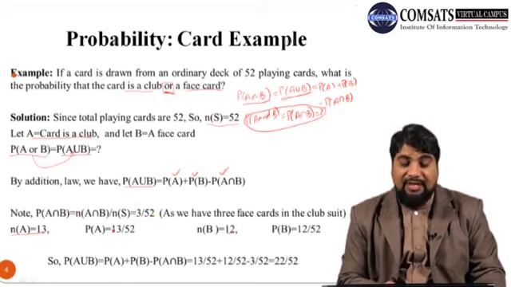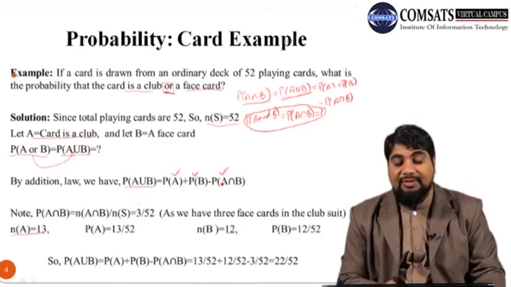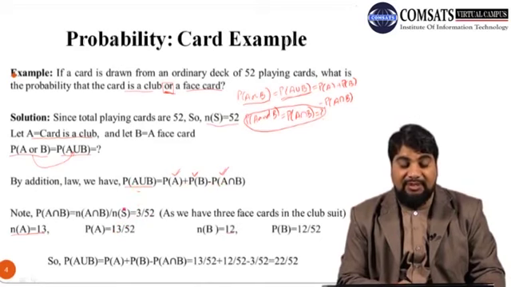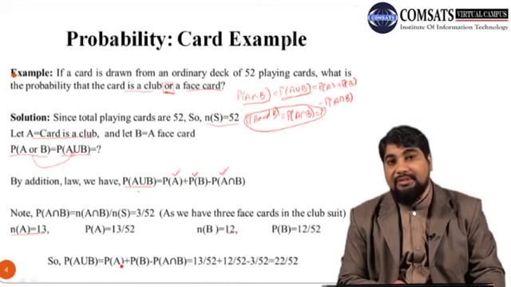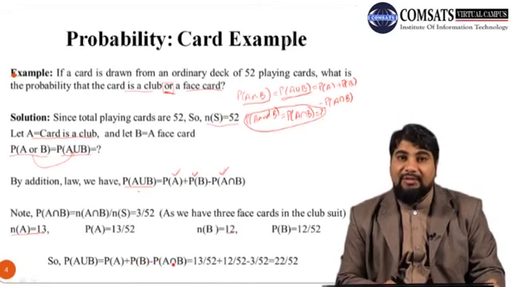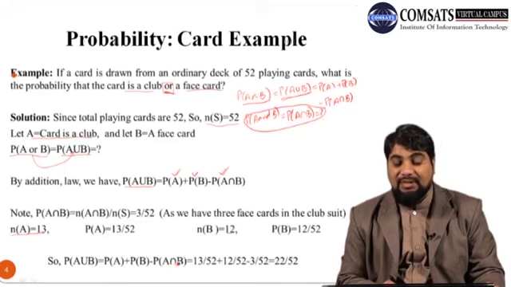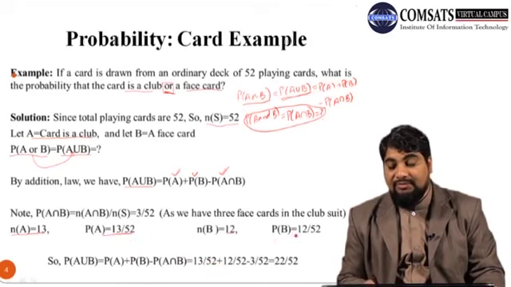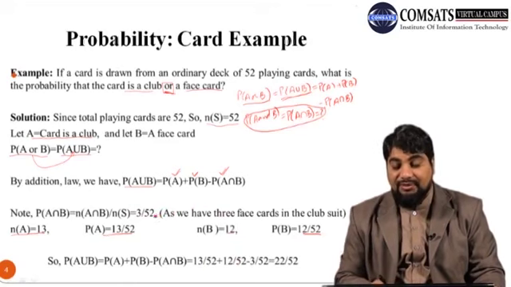Once we have all these probabilities in hand, we can use this formula. Probability of A union B is probability of A plus probability of B minus probability of A intersection B. So 13 by 52, which is the value of A, then 12 by 52, which is the value of B, then minus 3 over 52.